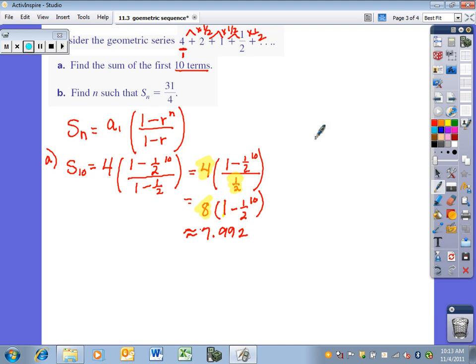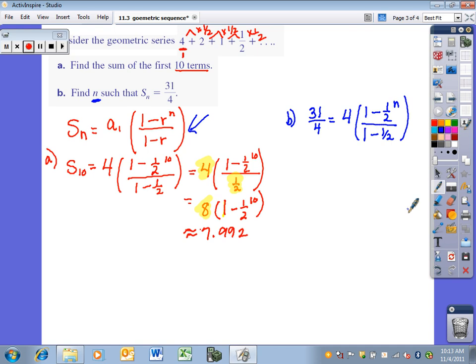Now part B has us say, what if I give you the sum? Can you tell me how many terms? So again, using this formula, the sum is equal to the first term, which was 4, times 1 minus the ratio, which was 1/2, to the n, which I'm looking for this time, divided by 1 minus the ratio, which was 1/2.